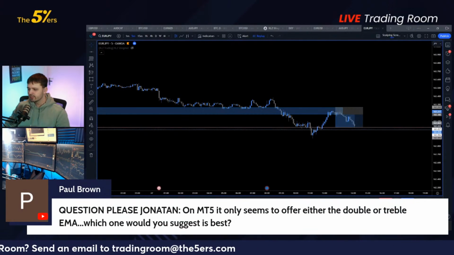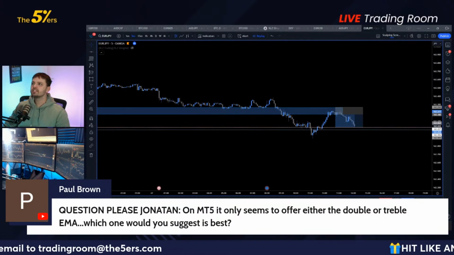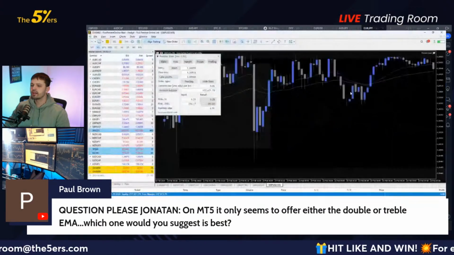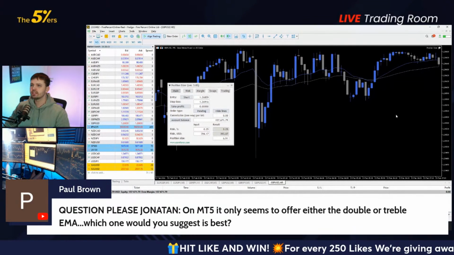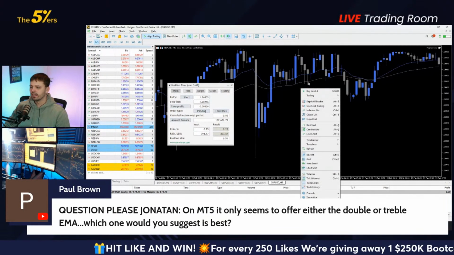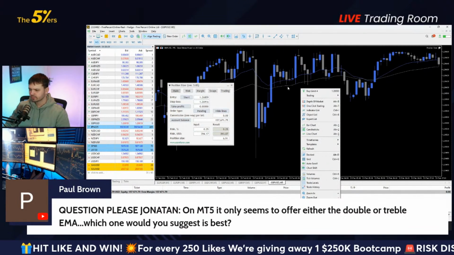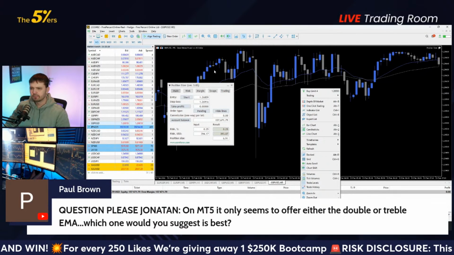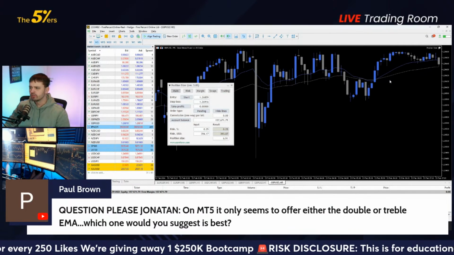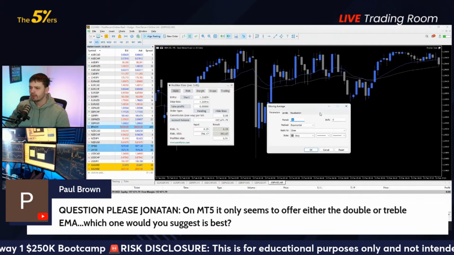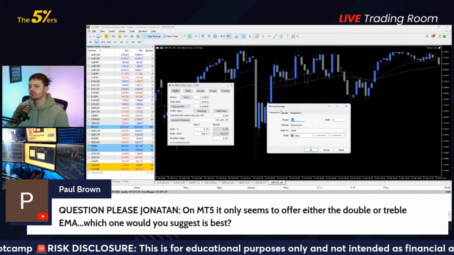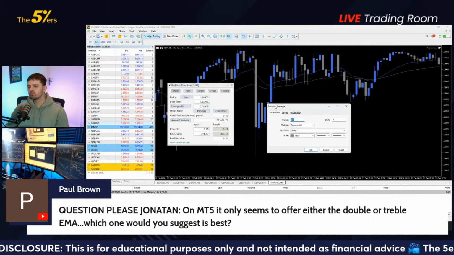Well, let's take a look at this. You should be able to easily find the right EMAs in TradingView. Like you can see, I've got the EMAs added on here. Now, I'm not really super good with TradingView, MetaTrader, but so what you do here is you add a moving average, all right?